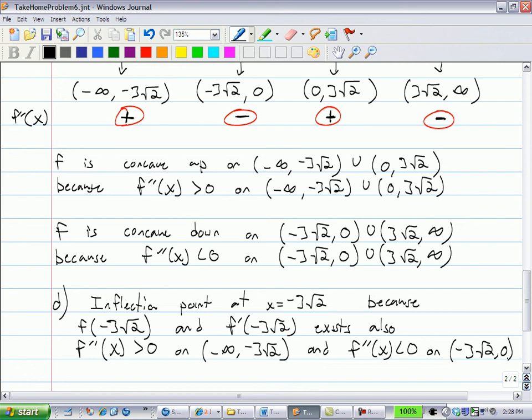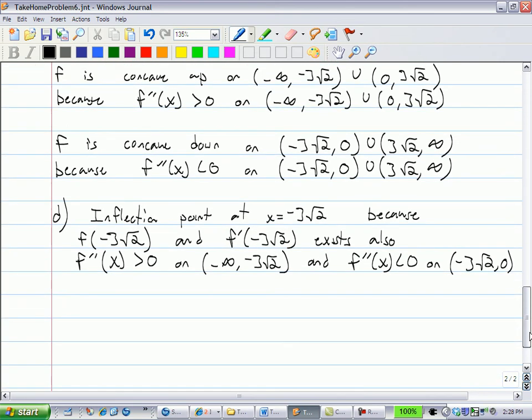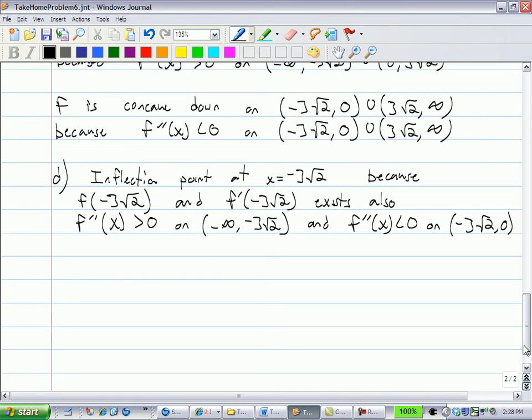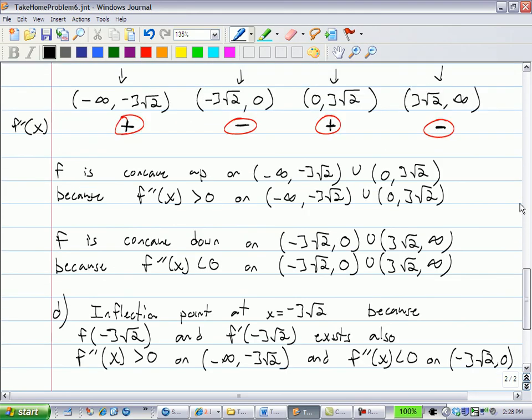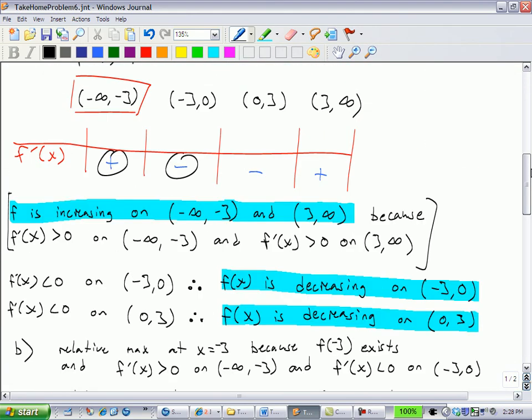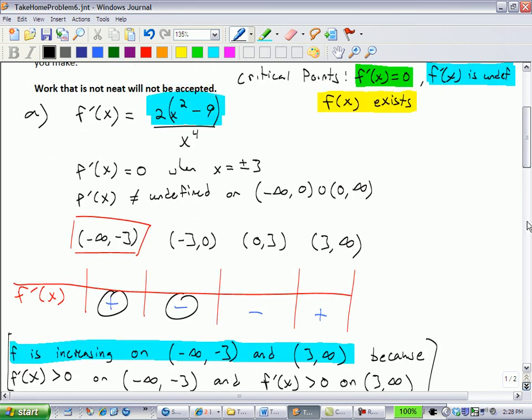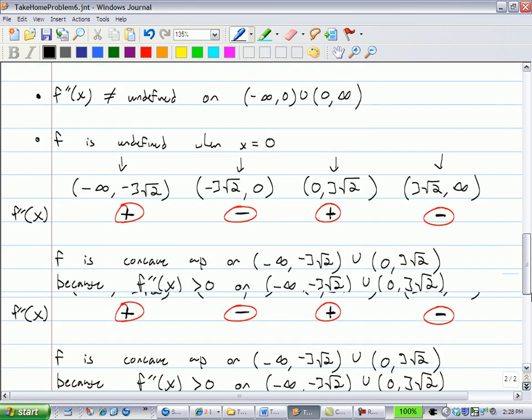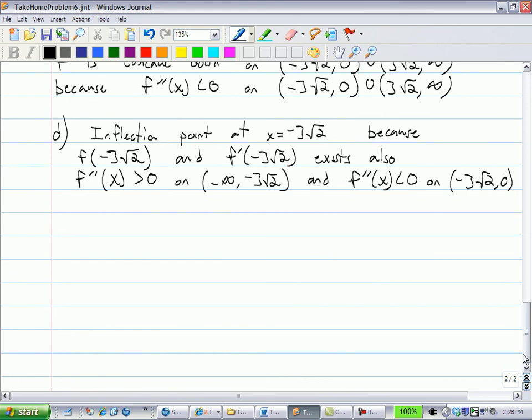So that's how I creatively get around being able to draw the tangent. You weren't even given f. If you were given f, you could graph it and check. But if you're not given f, that's one good way to do it.